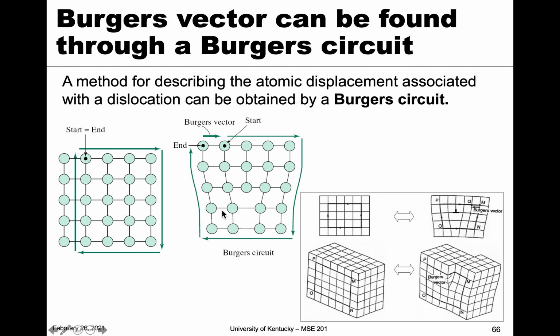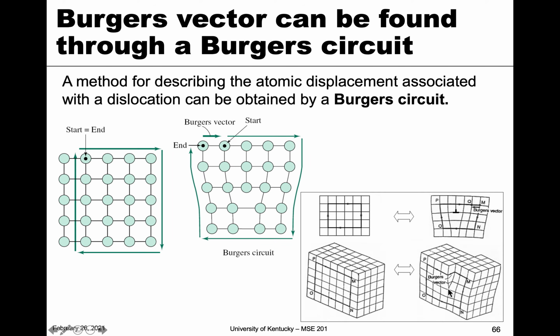And we can do the same thing for a screw dislocation, as I try to show down here. So this is again the repeat of the edge, and then you can see here that we're drawing the circuit on the plane basically perpendicular to the line.